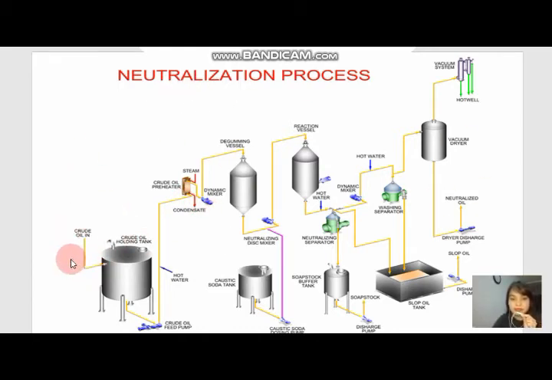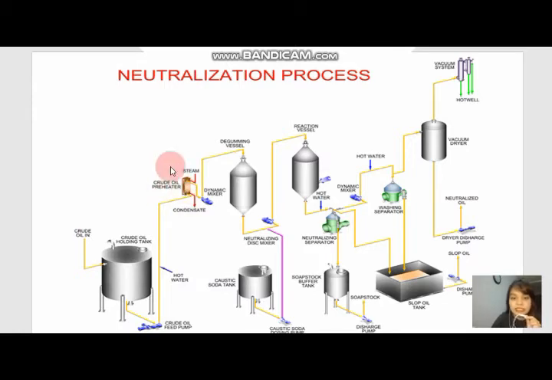Basically, we use micellar oil, which is extracted from the soybean oil. First and foremost, the crude oil will be fed into the crude oil holding tank, which is used to store unrefined and untreated oil. Next, this untreated oil will be pumped and mixed with hot water, then enter the crude oil preheater.